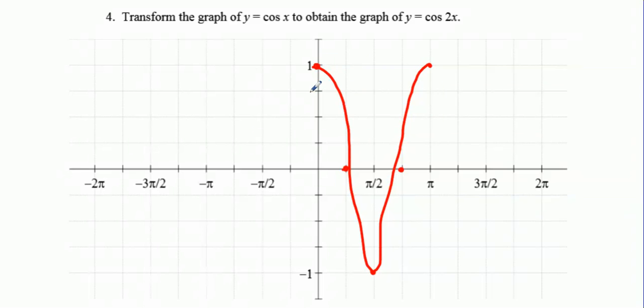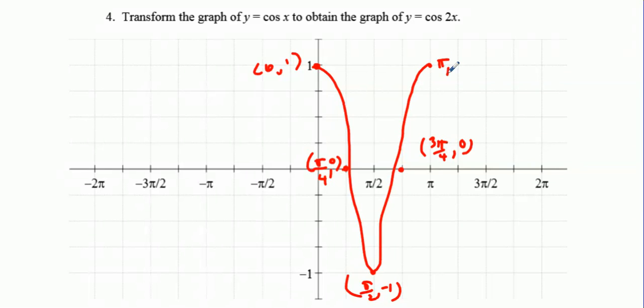And I could graph 0, 1, pi by 4, 0, pi by 2, negative 1, 3 pi by 4, and 0 and pi and 1. And this is y equals cos 2x. We've got x and y there.